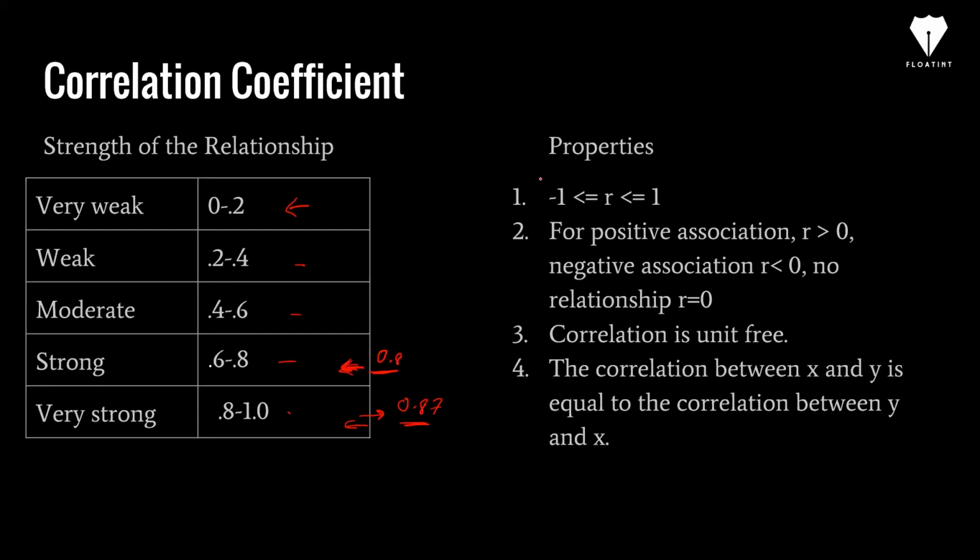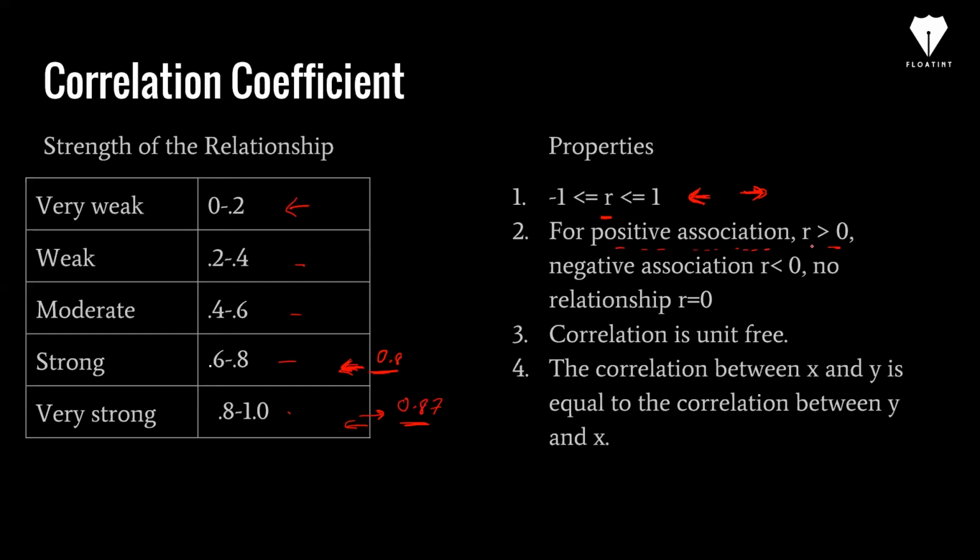Okay, so now a few properties which I want to talk about. R is nothing but the correlation coefficient, the values which we were getting. So it might range between -1 to 1. For positive association, if R is greater than 0, it means the association is positive.